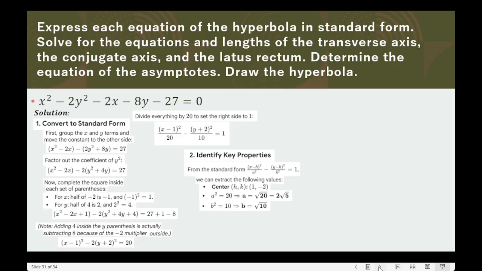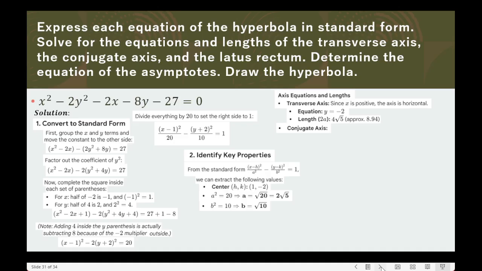So these are the extracted values. Now for the axis equation and lengths, the transverse axis, since x is positive, the axis is horizontal. So y is equal to negative 2. The length is 2a, so 4 square root of 5 is approximately 8.94.